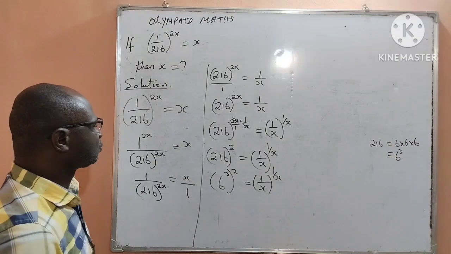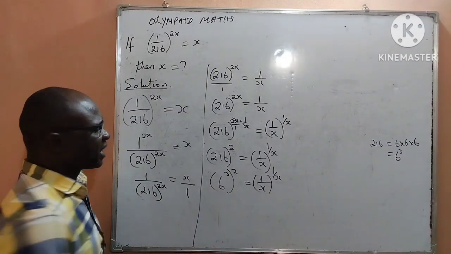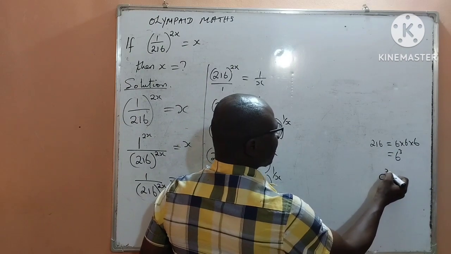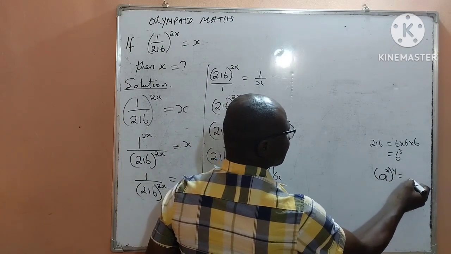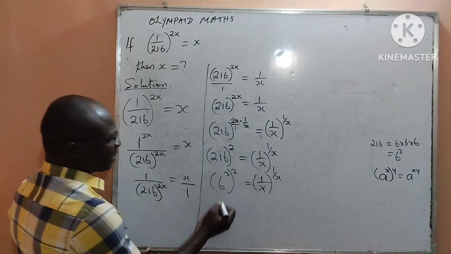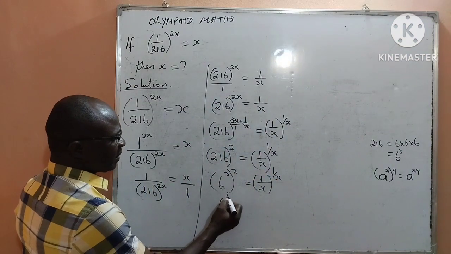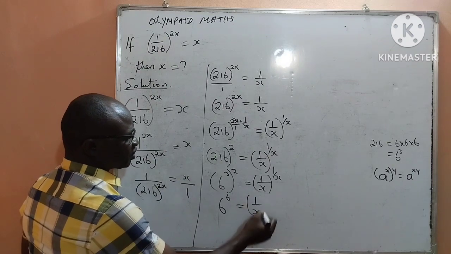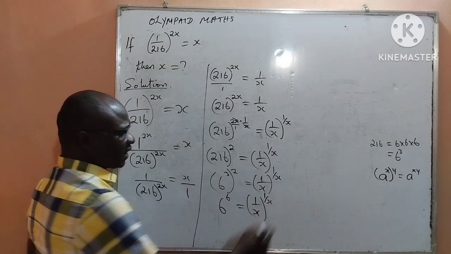Mathematics is life. Now, by the law of exponents, these two will multiply, because (a^x)^y is equal to a^(xy). Therefore, 3 multiplied by 2 gives 6^6 equal to (1/x)^(1/x).